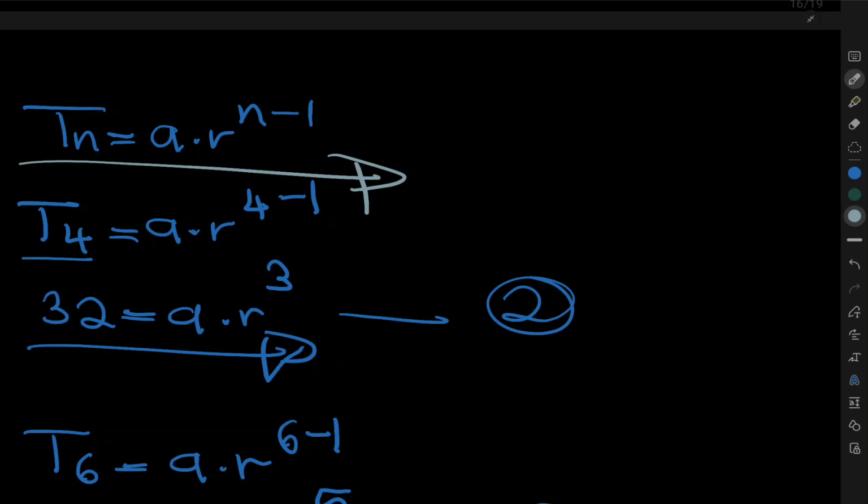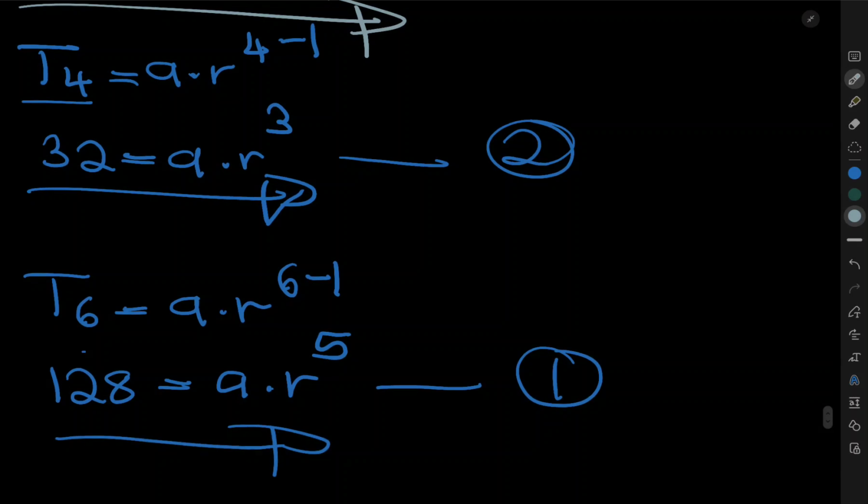We have T4, which was 32, and N, which was 4, meaning that it was the 4th term. And we did the same thing with the other value, which was 128, and it was term number 6, and if we say 6 minus 1 here, we're going to get 5.